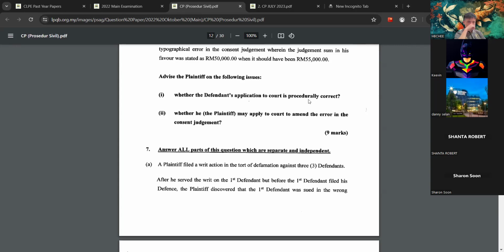Yes, consent judgment is like a contract. So that when you are going to set aside a consent judgment, your contract rules applies. Mistake, misrep, fraud. So this is the case. Lau Ming Hing.